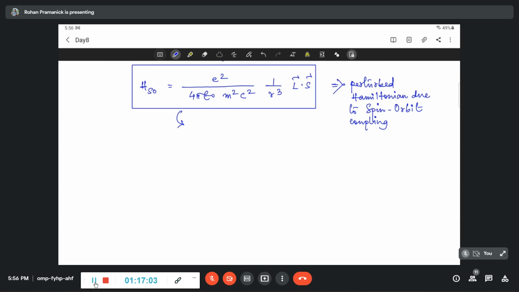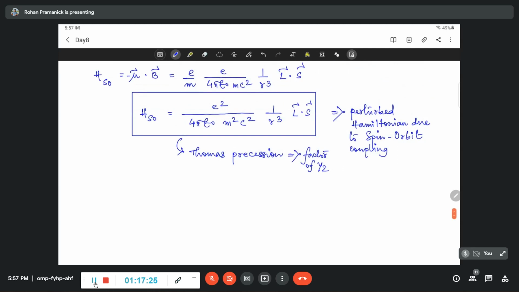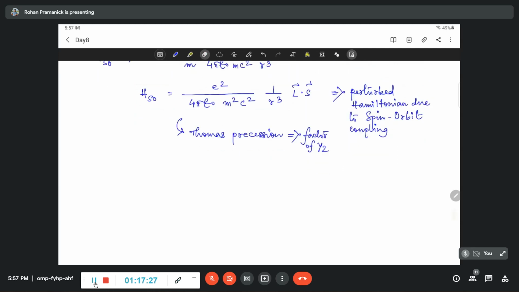This Thomas precession adds an extra factor of half, and then you get the correct expression. So let's delete this box and make this copy over here.